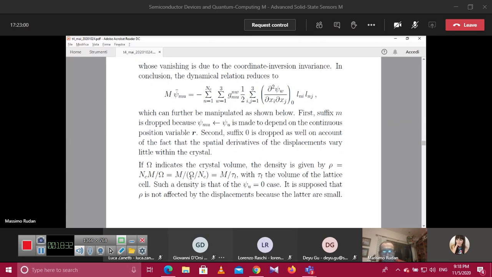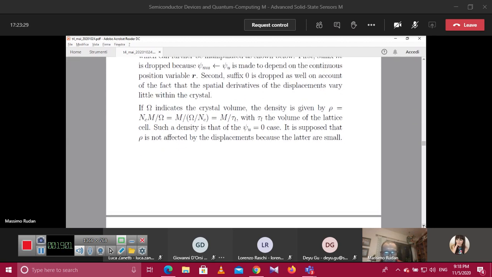At this point, we divide both sides of this dynamic equation by the volume tau L of the elementary cell of the direct lattice. So the ratio of the mass divided by tau L, as we anticipated, provides the density, and of course we have to divide by the same quantity also the right hand side.